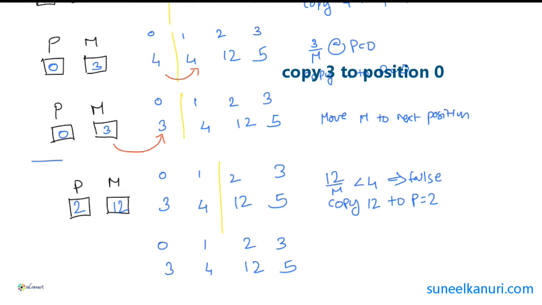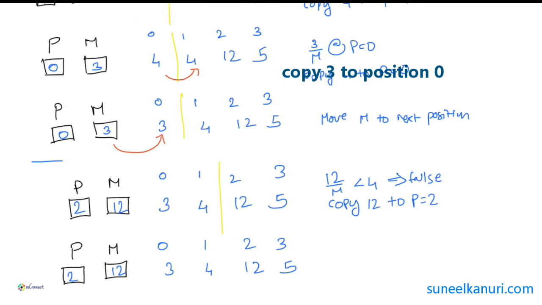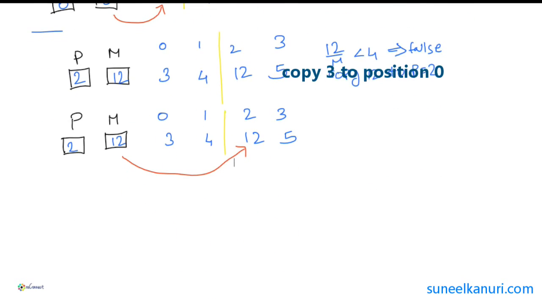We copy 12 to position 2, which is its position anyway, but we wrote it so that you don't miss a step. We show where 12 is copied to using our orange line, pointing to position 2, and that completes our next iteration.